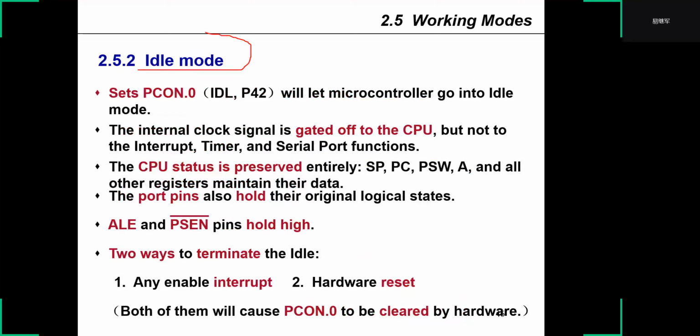Idle mode. Setting PCON bit 0 will let the microcontroller go into idle mode. The internal clock signal is gated off to the CPU, but not to the interrupt, timer and serial port functions. The CPU state is preserved entirely.